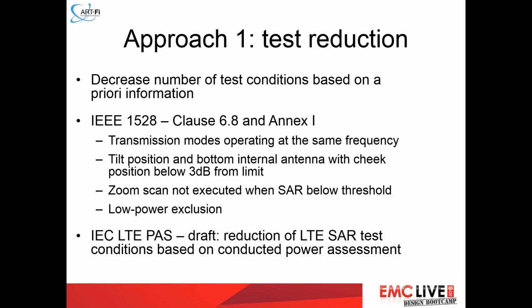The IEEE 1528 standard, the latest version from 2013, describes a number of procedures that apply within the scope of those test reductions. If I give one example, and we will give more detail about this example later: if you have one antenna that transmits in a given band that is shared by several transmission modes, for example GSM and WCDMA at 850 megahertz, then in this condition you will have very similar SAR patterns, and only what will fluctuate is basically the power that's injected in the antenna for both of the modes.